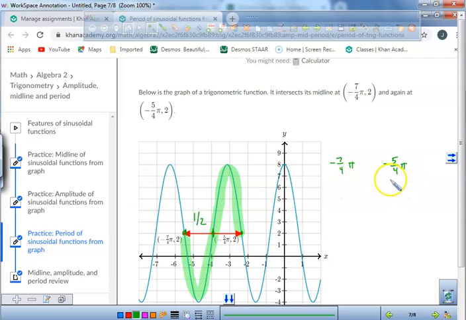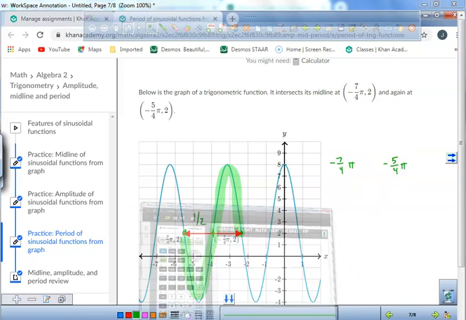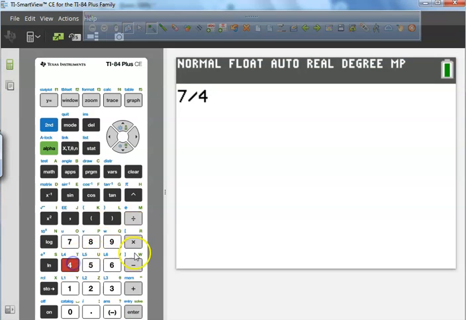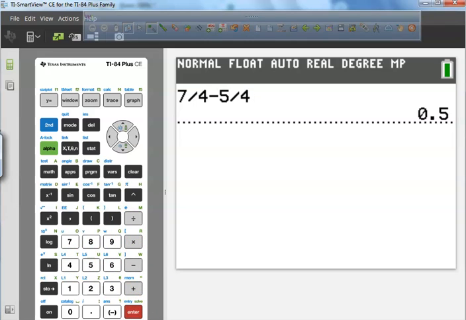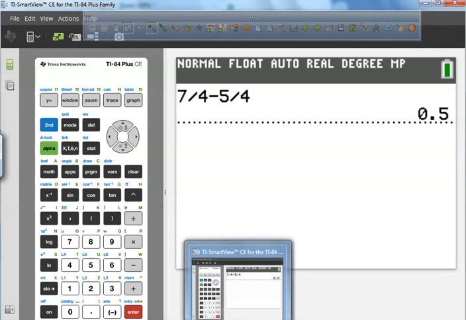Well, that's the same gap as between a 5/4 and a 7/4. So watch this. Ready? Just take your calculator. Just do 7 divided by 4, take away 5 divided by 4. And that gives me 0.5. It's just a half.